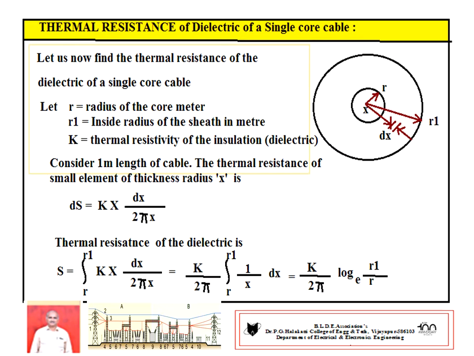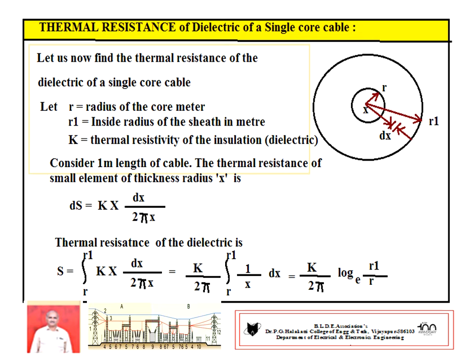Consider the thermal resistance of a small element dx at a distance x. The small thermal resistance ds for that element, lying x distance from the center of the cable, is equal to K into dx divided by 2 pi x.